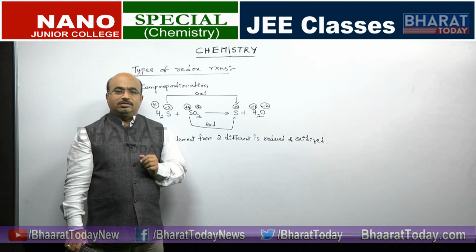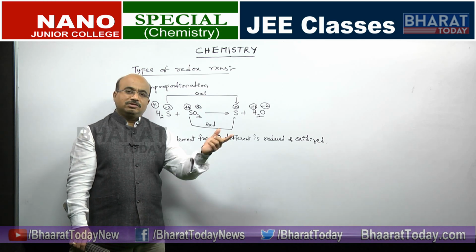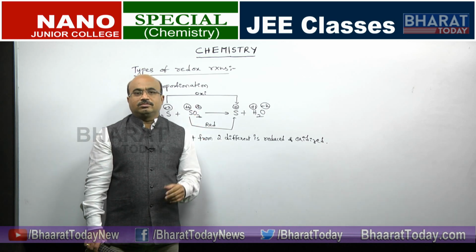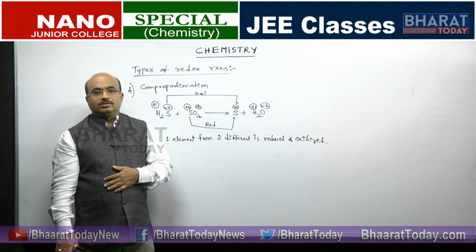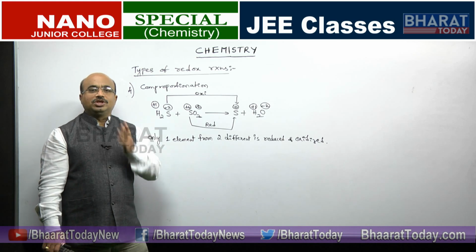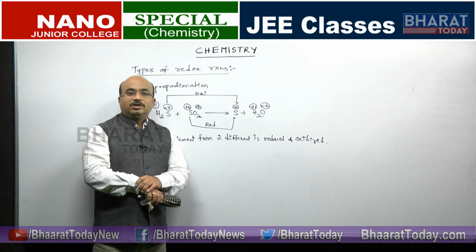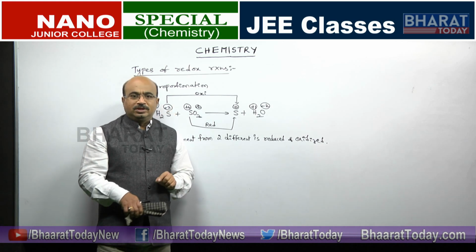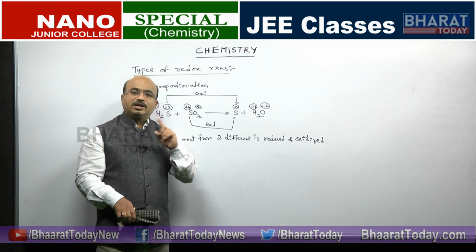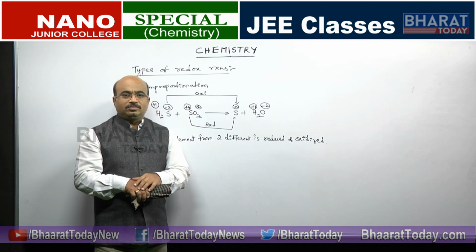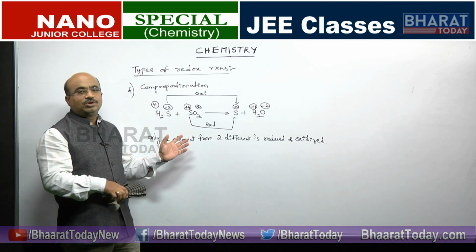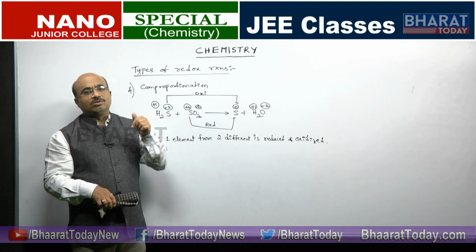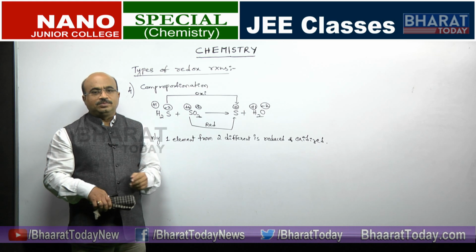One molecule only, but one element will oxidize and another different element will reduce. Disproportionation reactions: only from one molecule, only one element will undergo oxidation and reduction. Then comproportionation: two different molecules, but the same element will undergo oxidation and reduction.